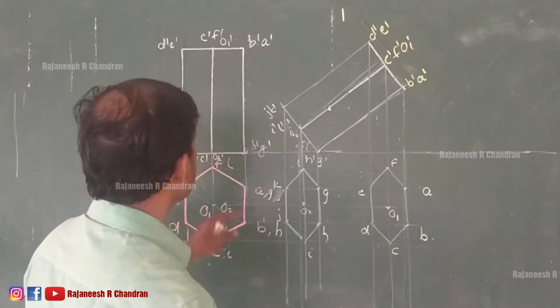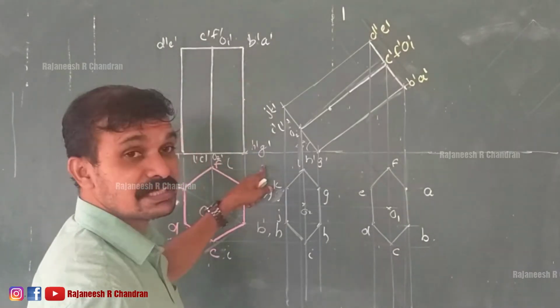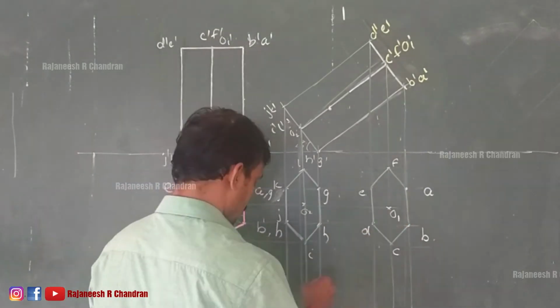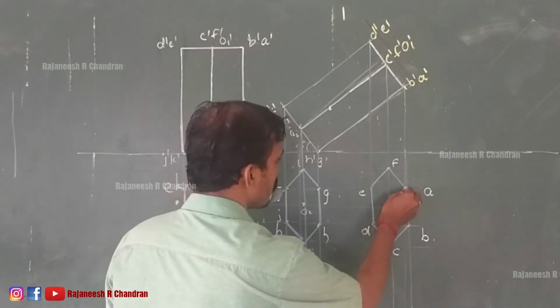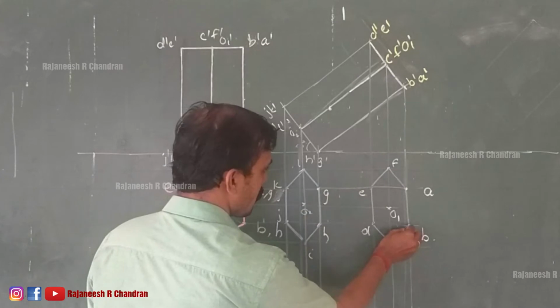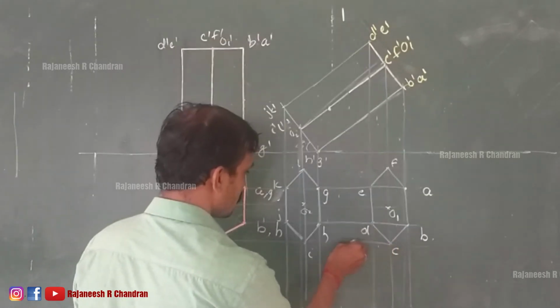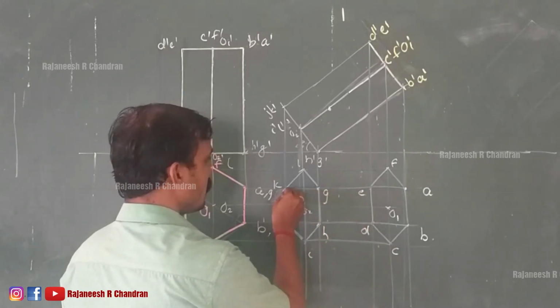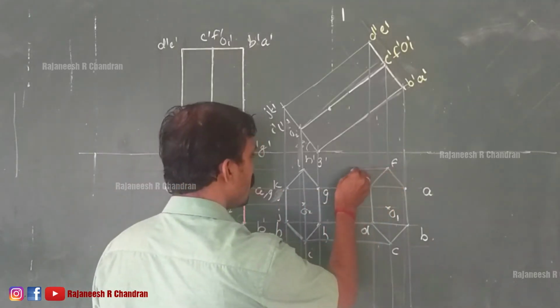Now we know that A is connected with G, B is connected with H like this. So connect A with G, B with H, then C with I, D with J, E with K and F with L.